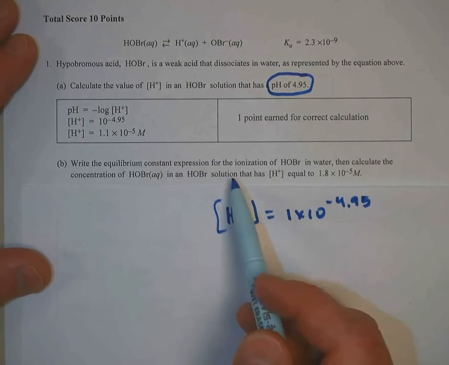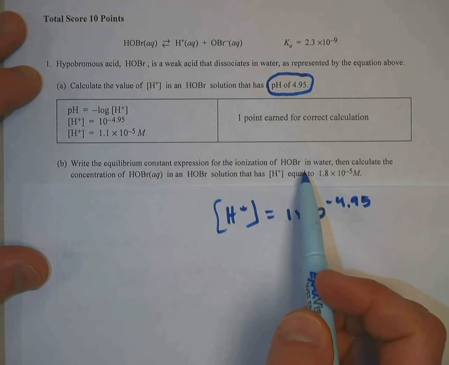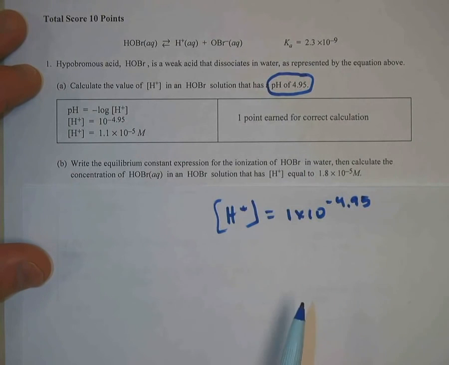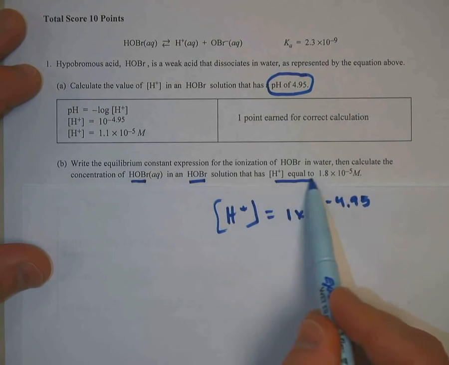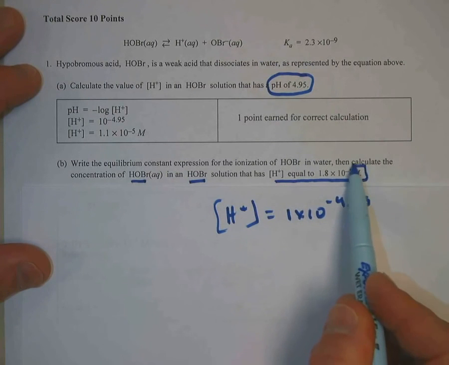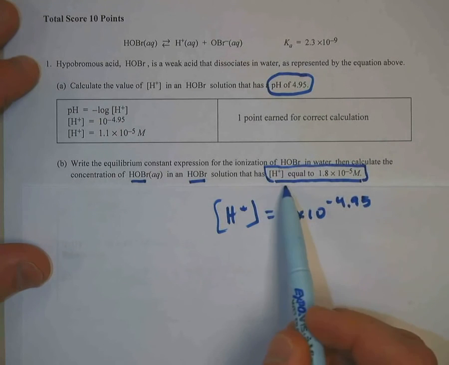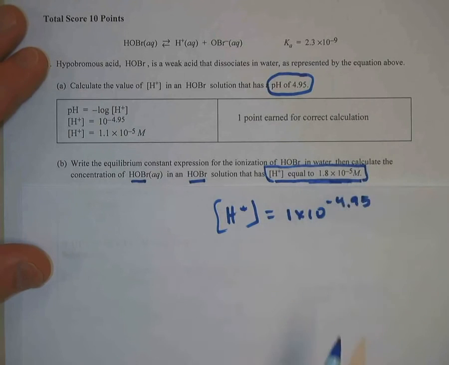Write the equilibrium constant expression for the dissociation of HOBr in water. Then calculate the concentration of this in a solution that has an H plus equal to, notice they give you a concentration to put into an ice table.